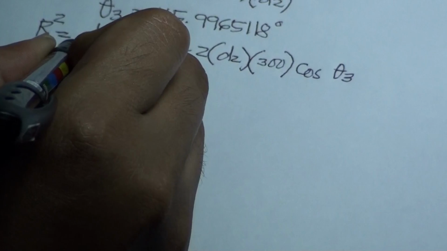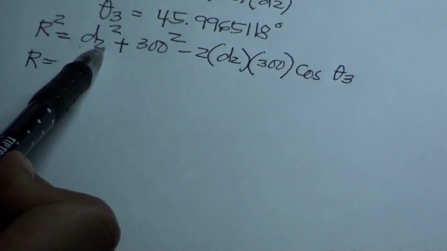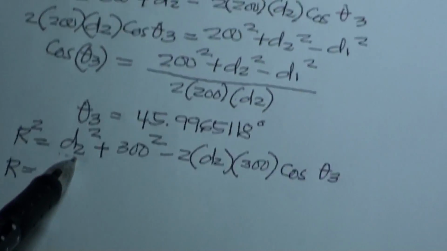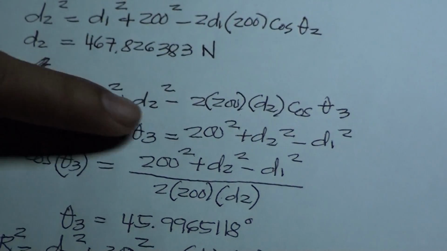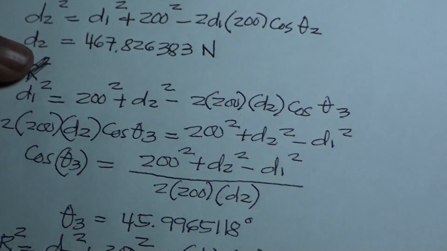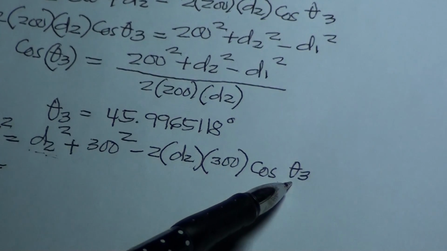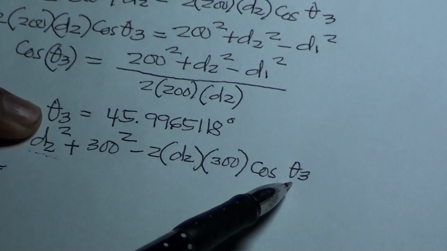Take note, this is already known. We have your d sub 2, which is here, 3, theta sub 3, so it's already solved, which is this 45.9965.